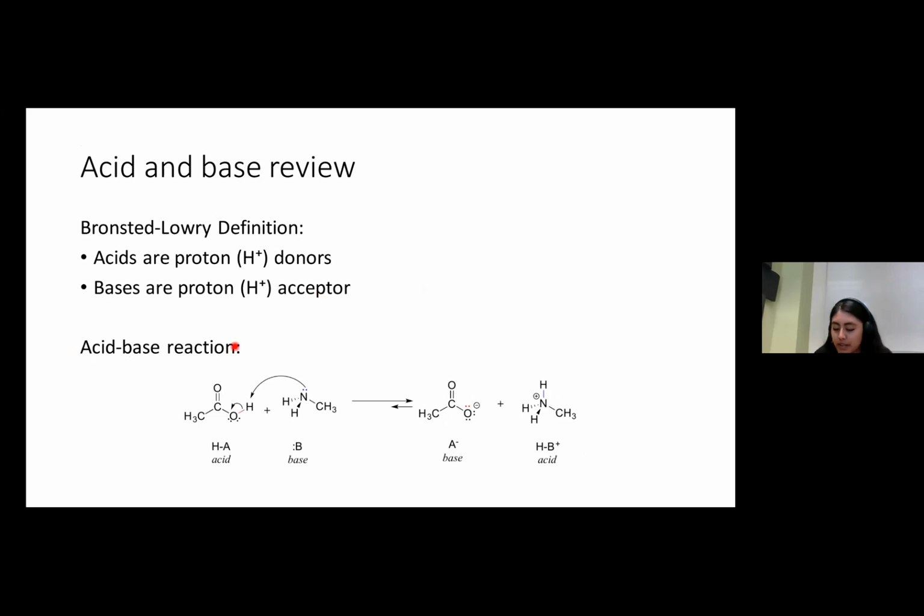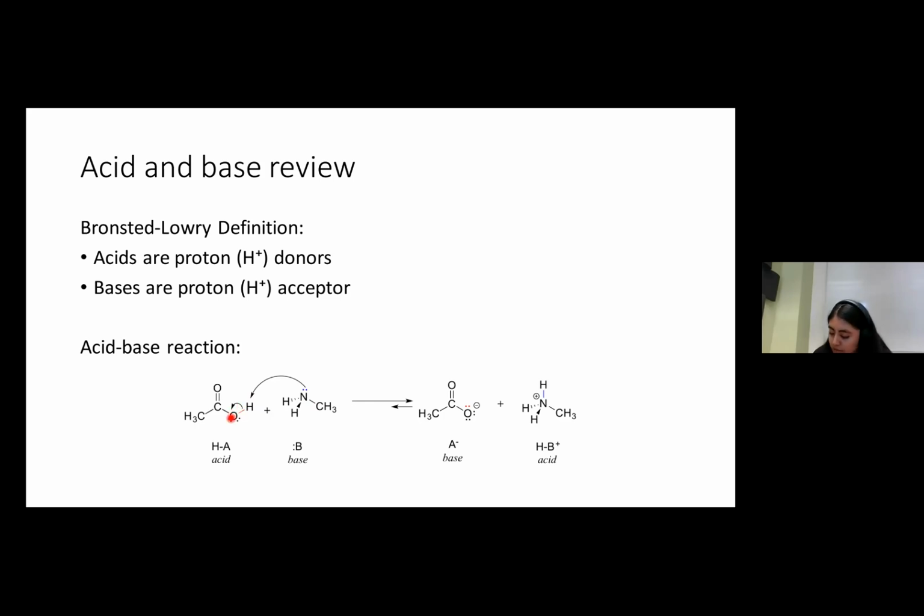So if we look at this reaction right here, we have a base. This base is going to form a bond with this H and accept this H, right? We know that this H can only have one bond, so the bond between this O and H is going to break, and these electrons are going to go to the oxygen.